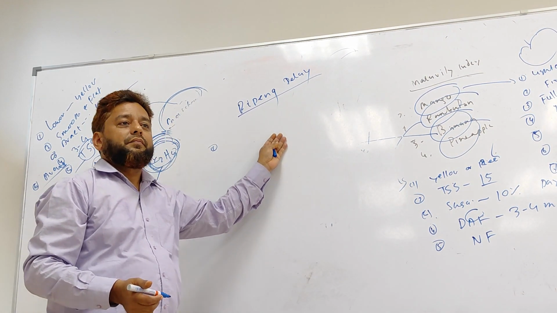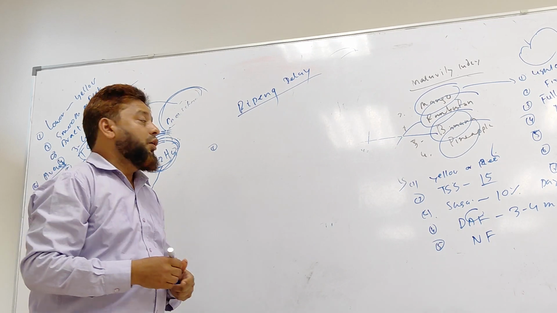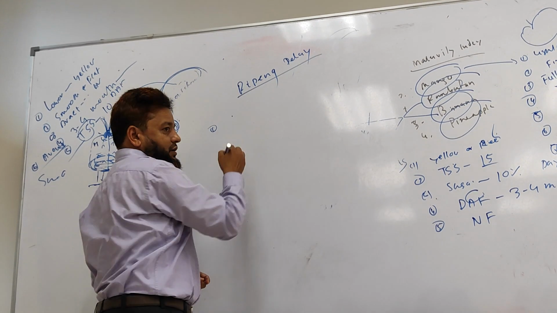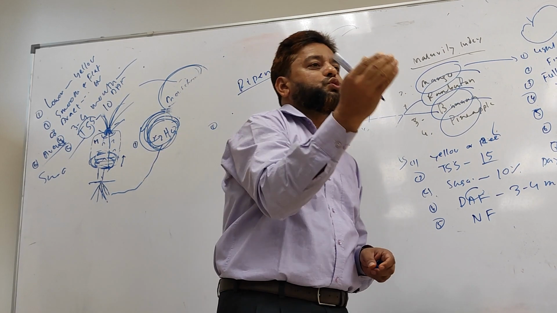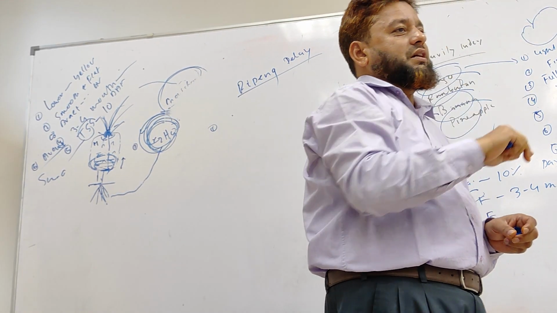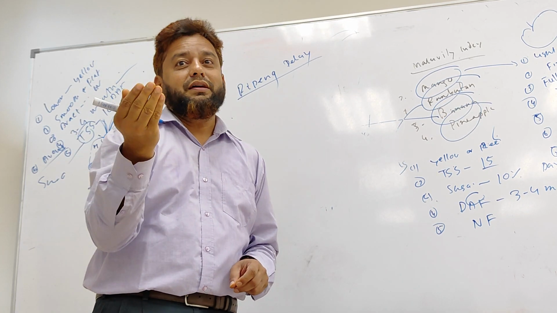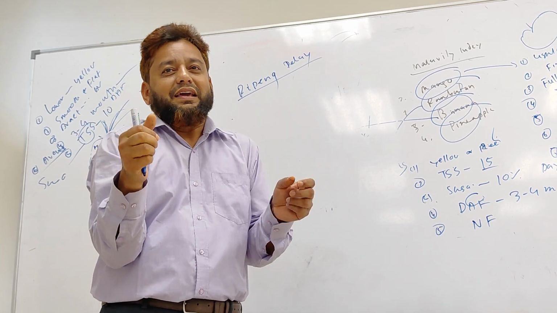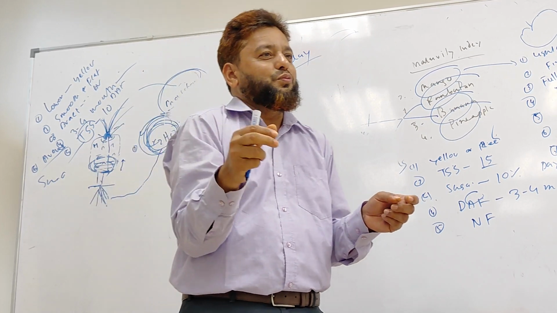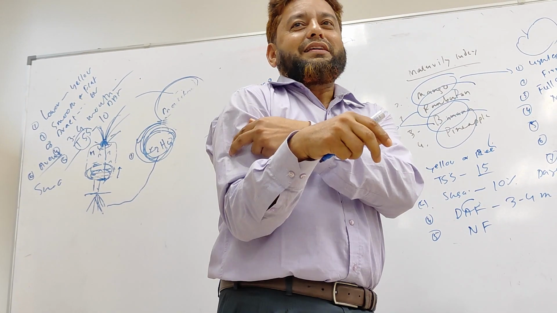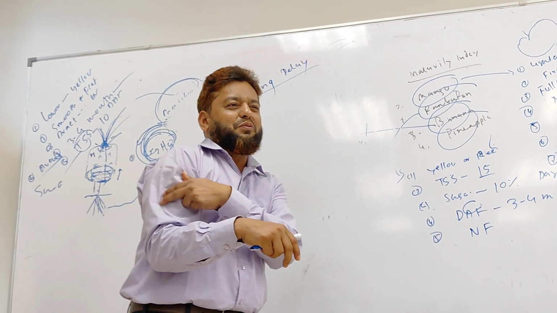Number 1, low temperature. You have to store the fruit at a low temperature, but not too low. If it is too low, there will be chilling injury. All the fruit will be chilled, and if chilled, the skin will be shrunken and brownish colored.